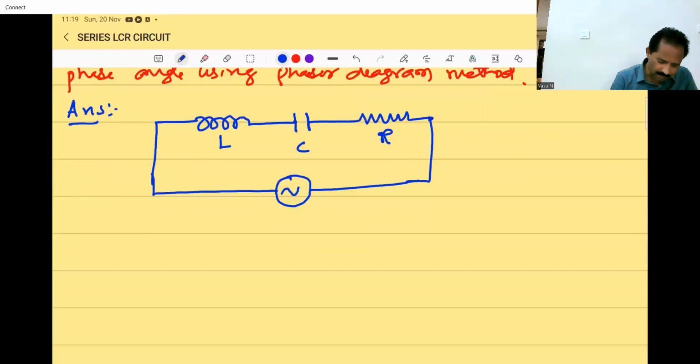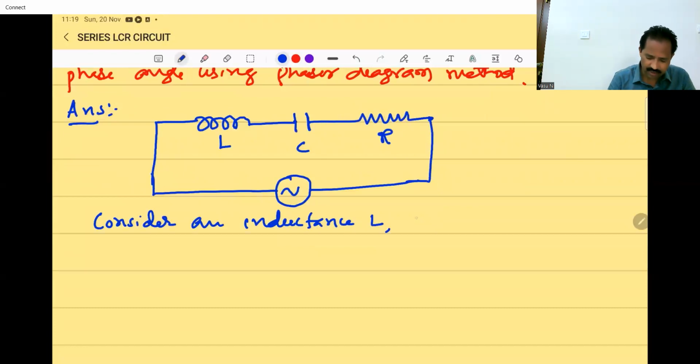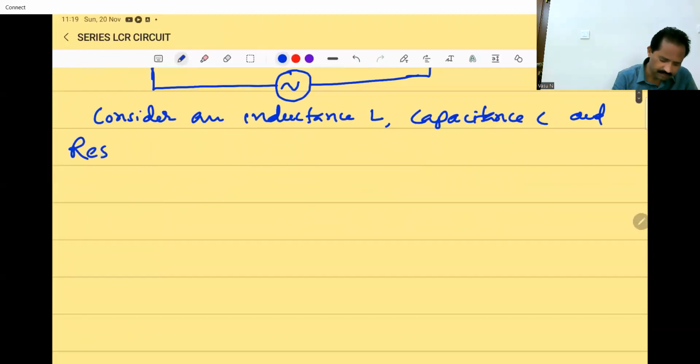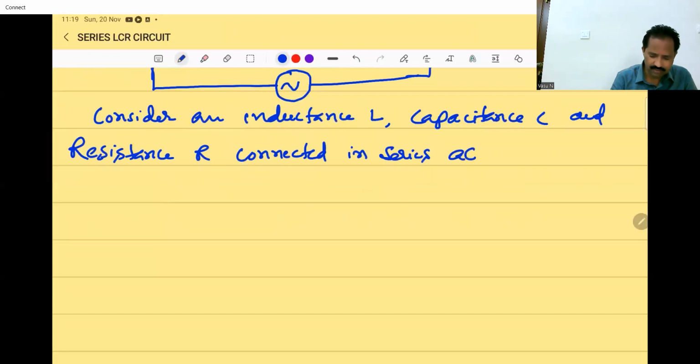Consider an inductance L, capacitance C and resistance R connected in series across an AC source shown in figure.